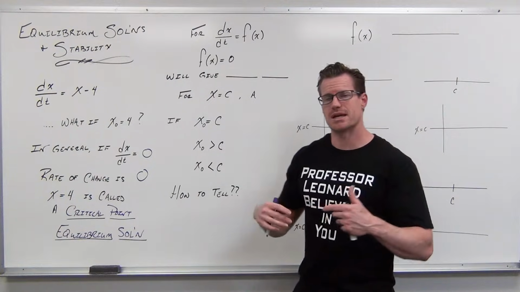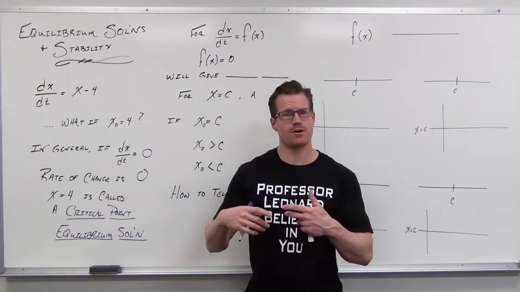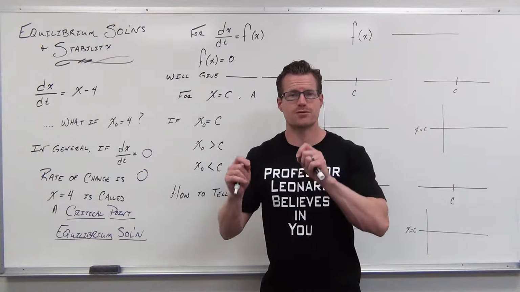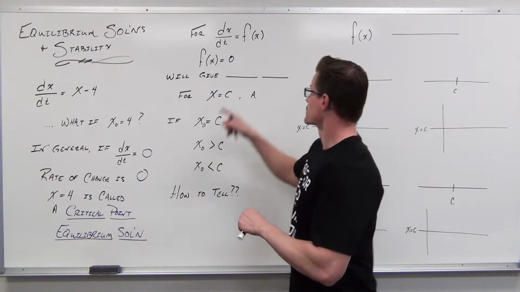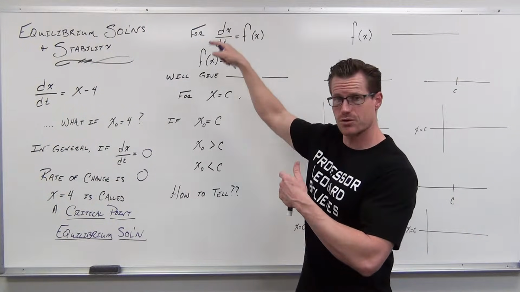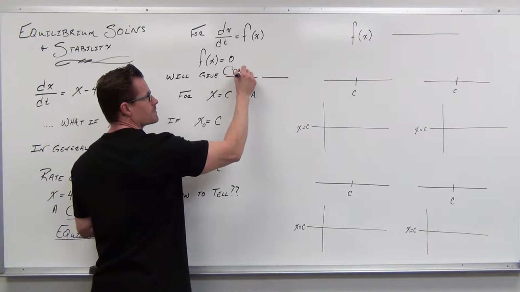So running through this, if you want to find critical points, all you got to do is set your function equal to 0 because that function is the derivative here, and critical points are found by setting your first derivative equal to 0. So we're going to set our first derivative, our function of x, which is our differential equation, equal to 0. That's going to give us critical points.